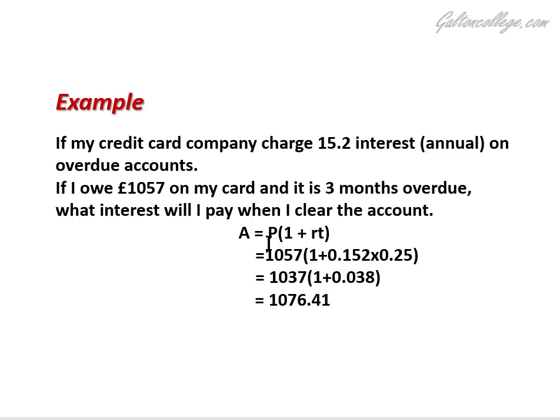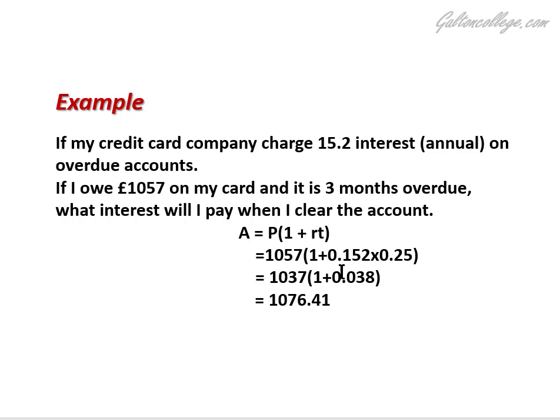Now, I owe 1,057, so that's my principal. The rate of interest here is 15.2%. So we'll put that in there, and we've got the time period, so it's a quarter of a year.